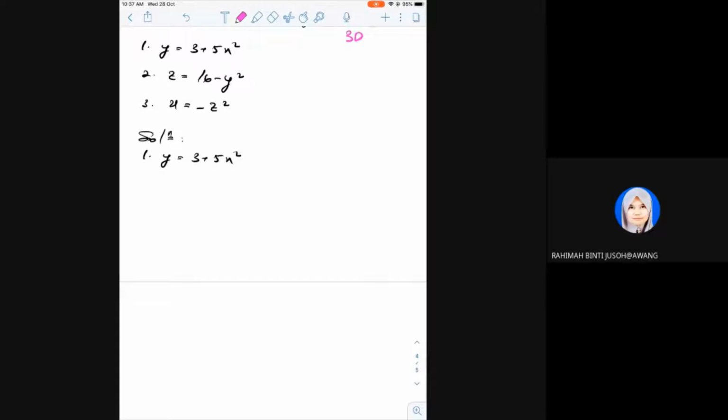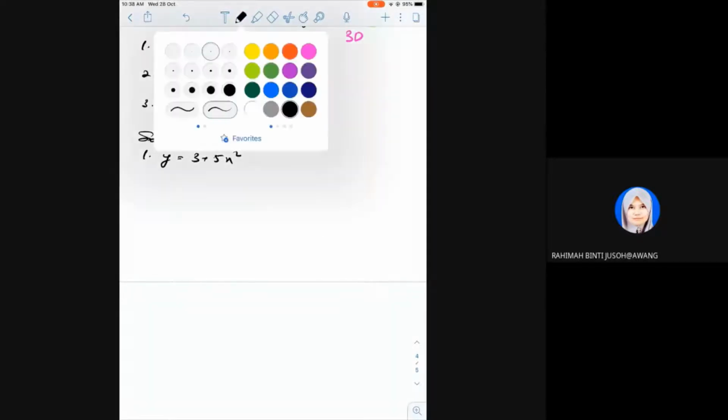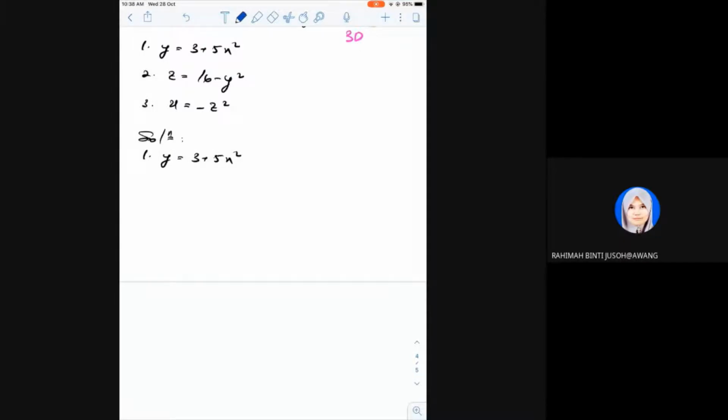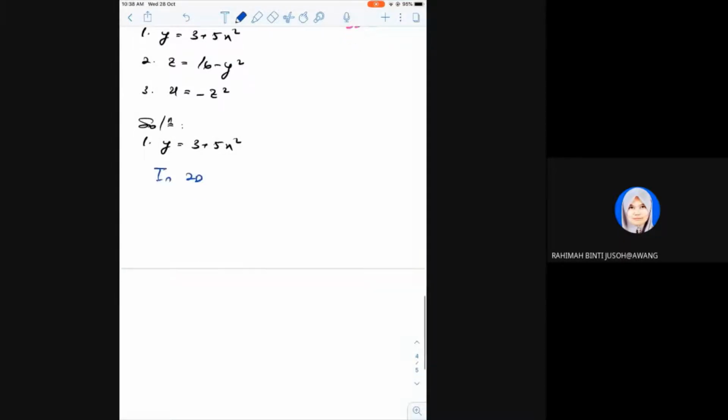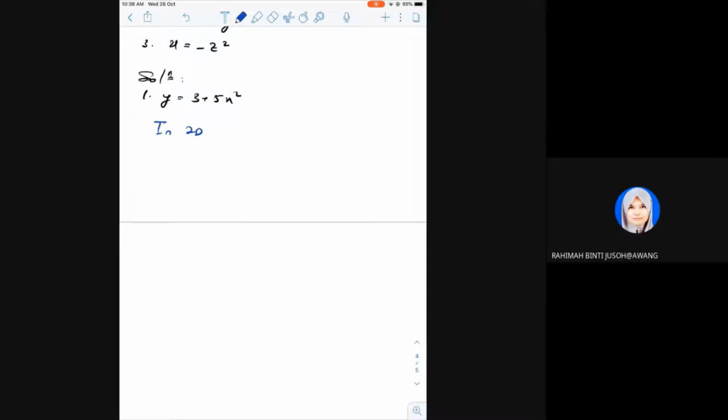Now, y equals to 3 plus 5x squared. Let's say we sketch the graph in 2 dimensions. We don't have any variable z, so we just proceed. Y equals to 3 plus 5x squared. So XY plane now, of course. Here x, here y. We know that this is a parabola, with y as the subject.